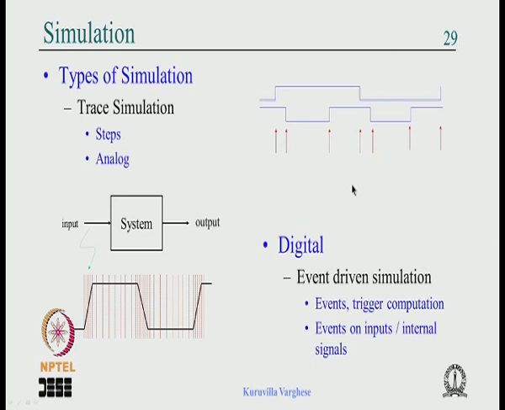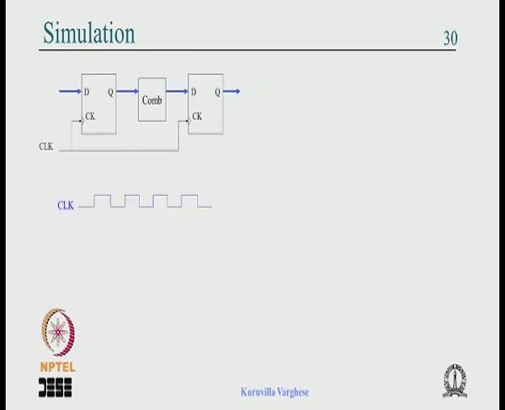But let us come to the sequential circuit. Now when you have a sequential circuit, suppose the input is changing quite a bit. Suppose we give a clock of frequency 100 megahertz, then the duration is 10 nanosecond. Say we have a combinational circuit and a register.